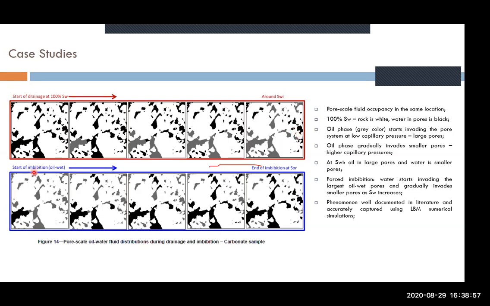Then we perform, in an oil wet scenario, the water displacing the oil, as you can see, water in black here, until we reach the residual oil saturation at the end of the numerical experiments. So from the pore scale perspective, this kind of information we can incorporate in several scales until we reach the core scale.